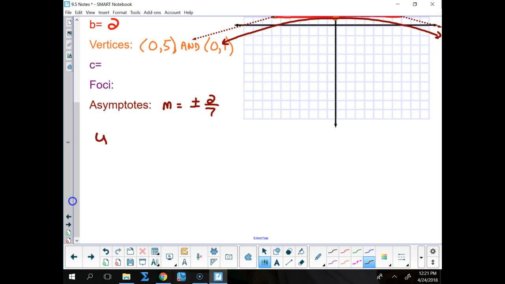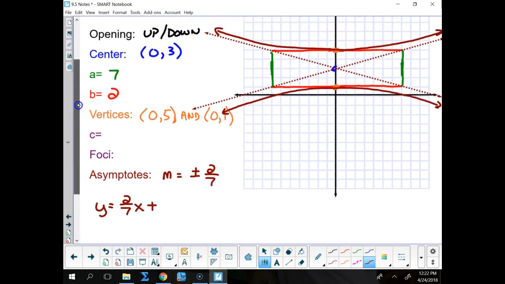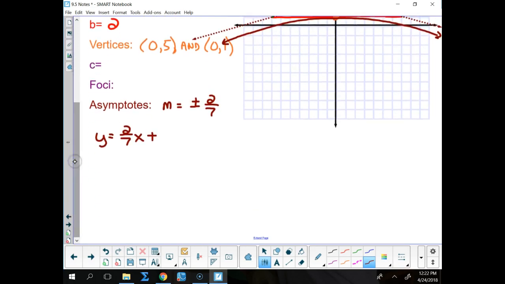So y equals positive 2/7 x plus 3 and y equals negative 2/7 x plus 3 are my two asymptotes, right? Because we lucked out. We had y-intercepts for both.